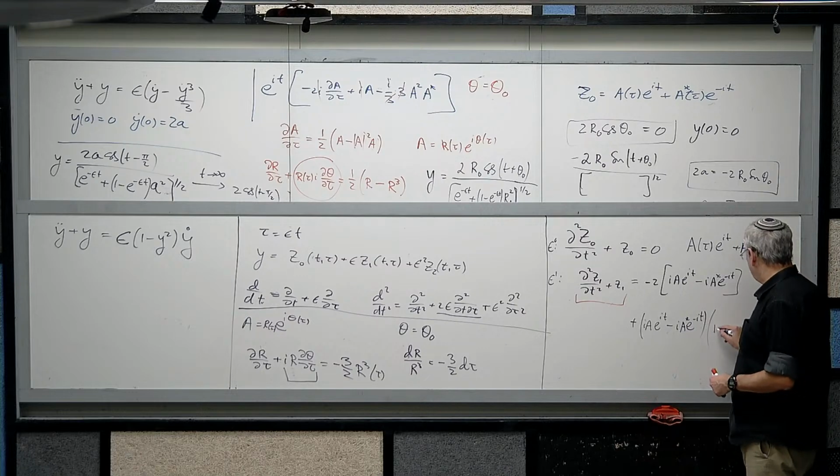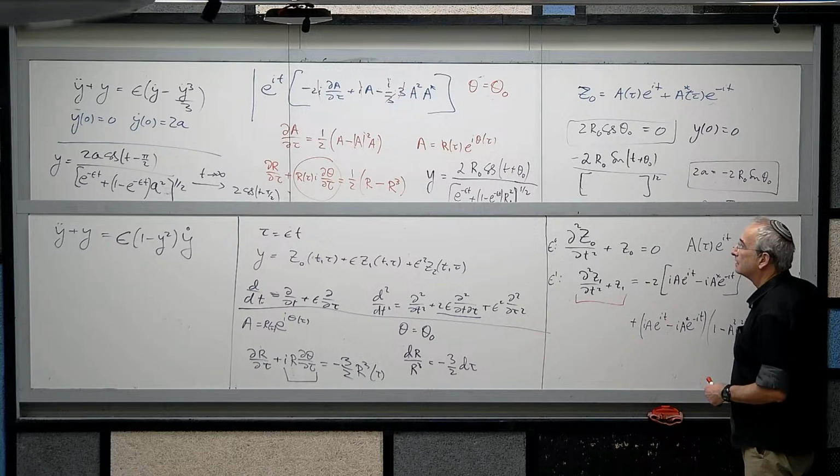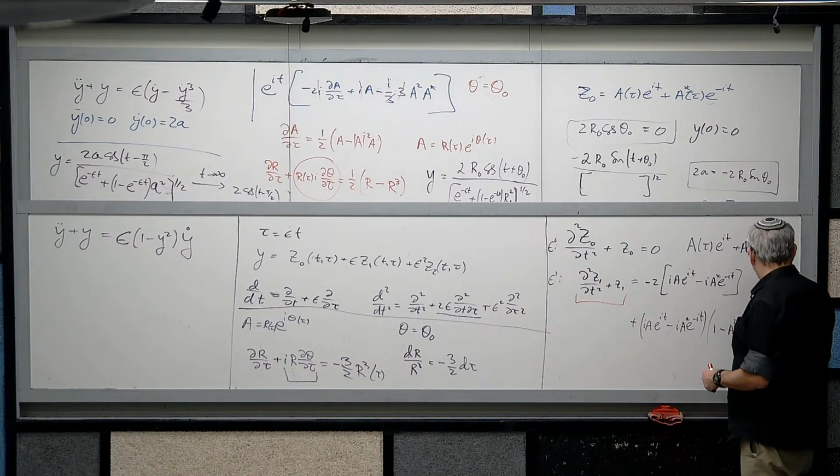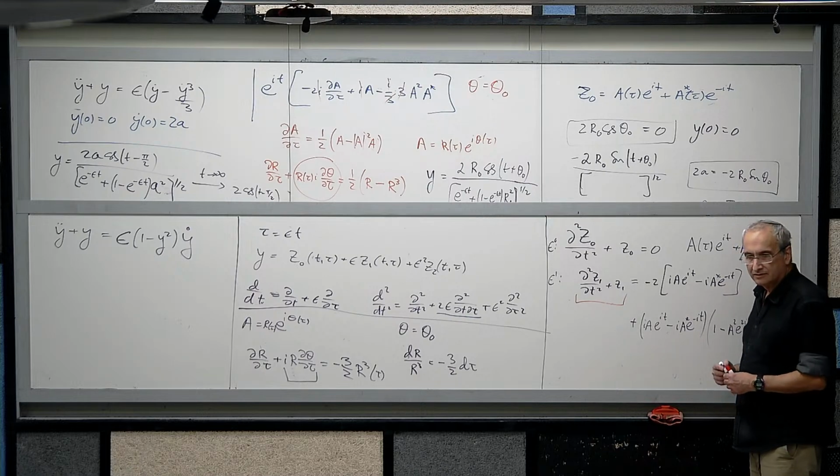So I have 1 minus A squared e to the 2it minus 2 absolute value of A squared, minus A star squared e to the minus 2it. That's it.